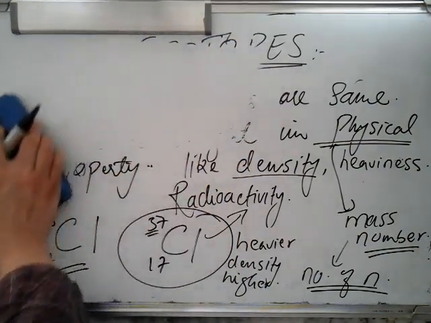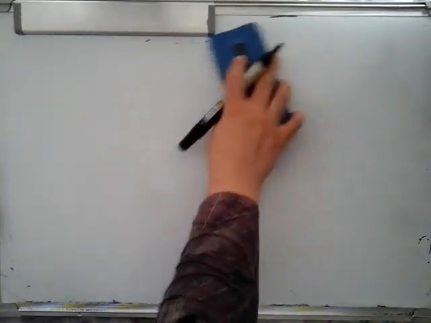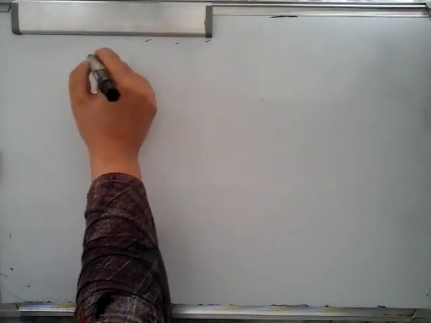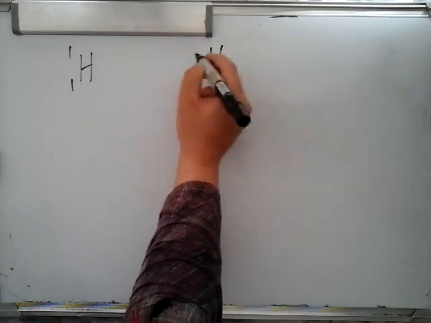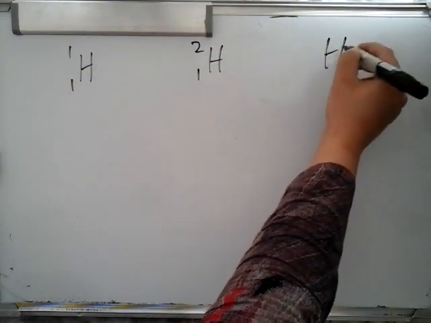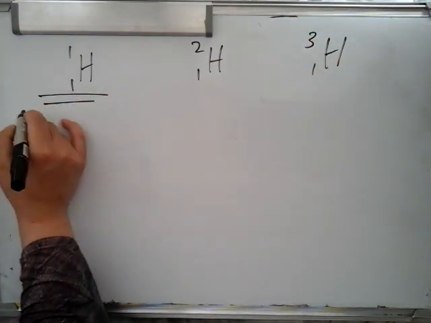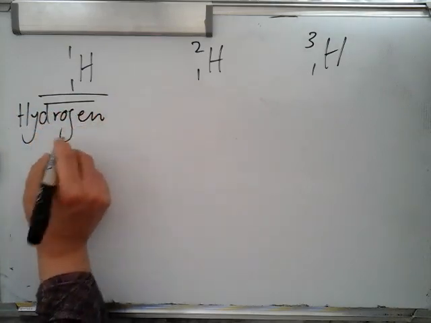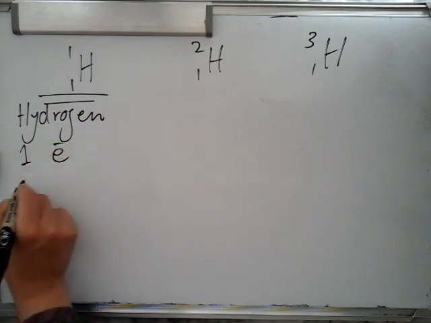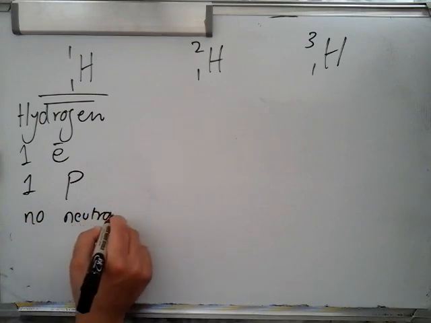So after this, let me describe this radioactive property of elements through an example. For example, this is hydrogen, and this is another hydrogen. Hydrogen has 3 isotopes: 1, 2, 3. Now this hydrogen, whose common name is hydrogen, has 1 electron, 1 proton, and no neutron at all.